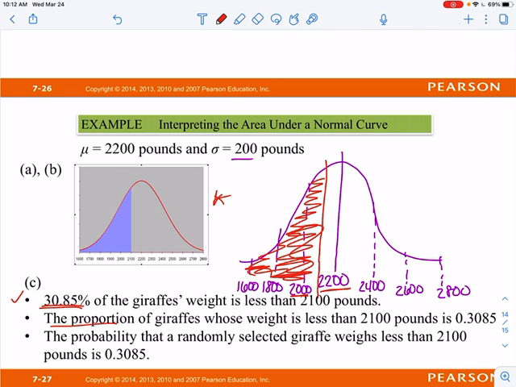Percent, proportion, area, all of this is the same thing. The proportion of giraffes whose weight is less than 2,100 pounds is 0.3085, or the probability that a randomly selected giraffe weighs less than 2,100 pounds is 0.3085, or the probability that it's less than 2,100 pounds is 30.85%. All of those mean the same exact thing.